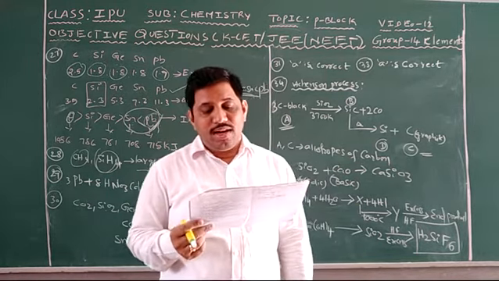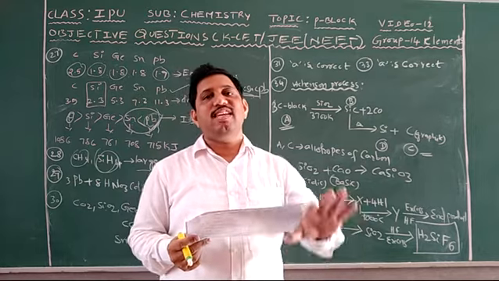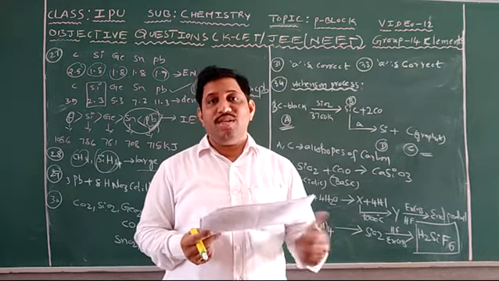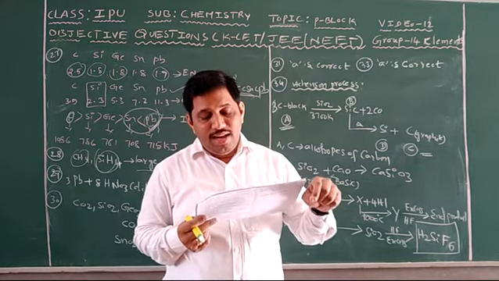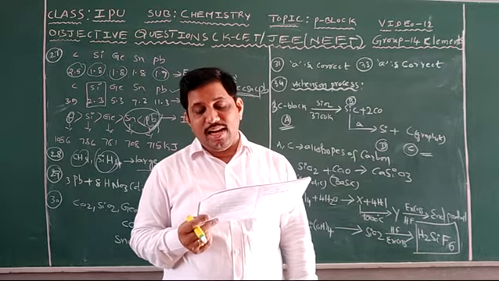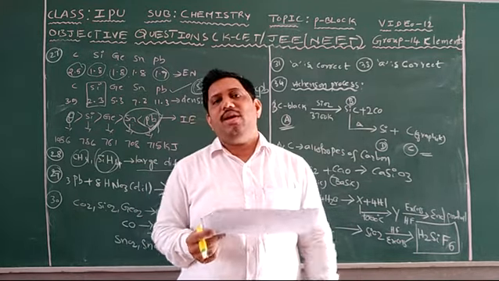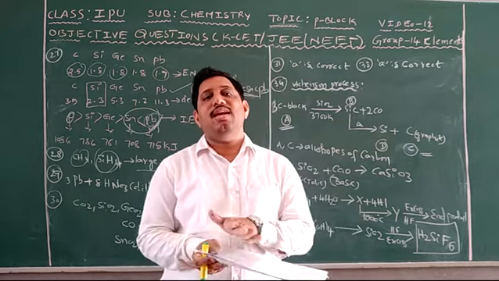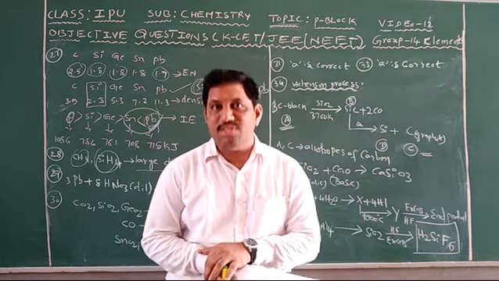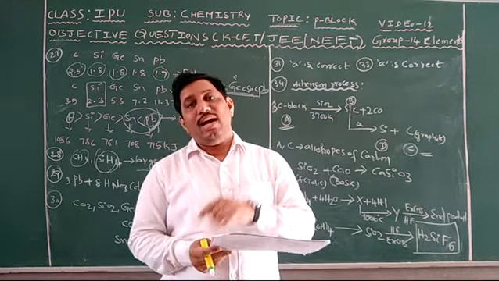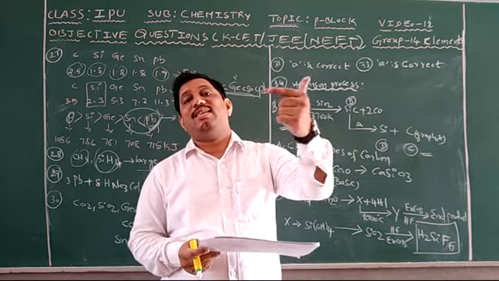For example, graphite is used as a lubricant. The statement is correct, students. Next one: graphite has a layer lattice structure and the attractive forces between the layers are weak. Graphite has a layer structure, and weak van der Waals forces are present between the layers. Both statements are correct, and the second statement is the correct reason for the first.